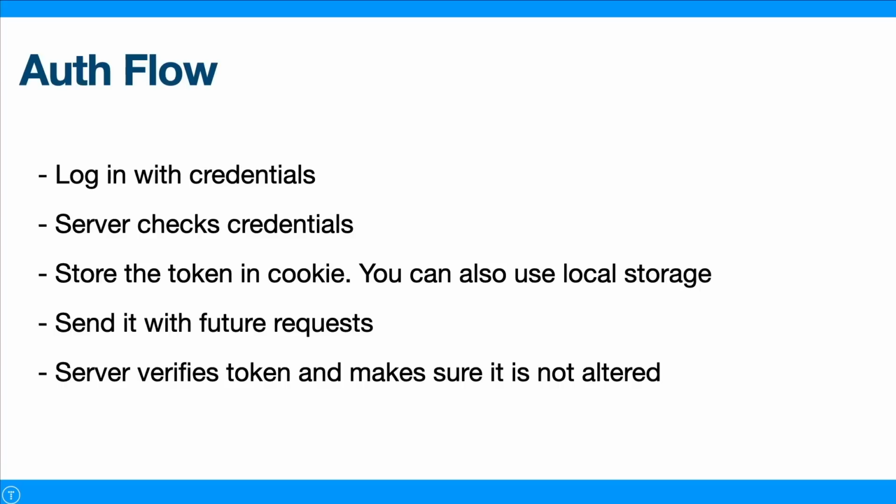Then if it does pass the credentials, it'll sign and create the token, encrypt the data, and store it in a cookie. And you could also store it in local storage. Then you're going to have that cookie on the client and you send it with future requests. And when you send it, the server verifies the token to make sure that it's not altered, and it can see the encrypted data, which in most cases is going to be at least your user ID, so it knows who you are through that token. So that's our authentication flow.